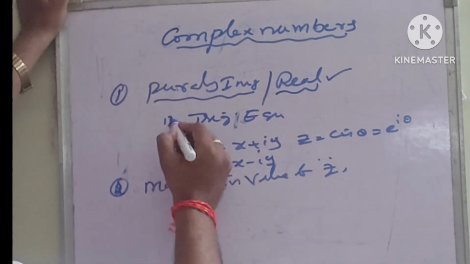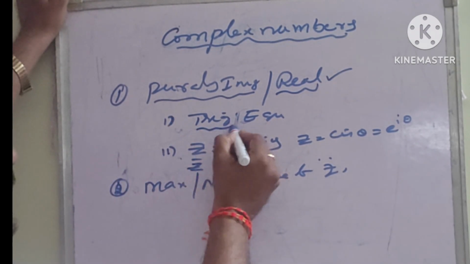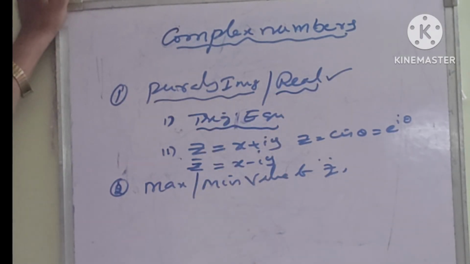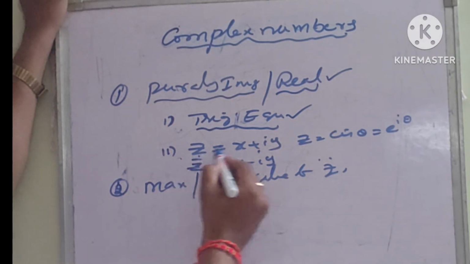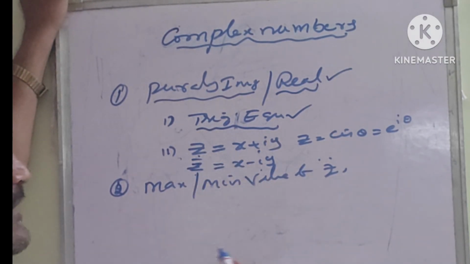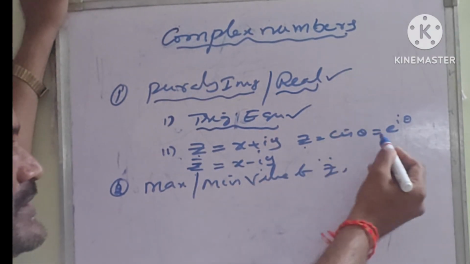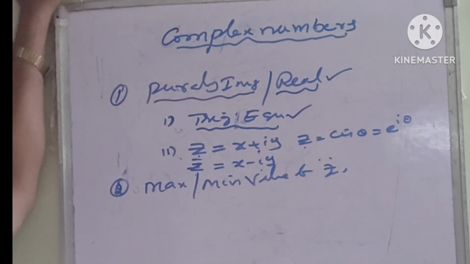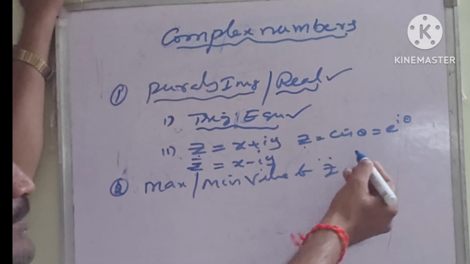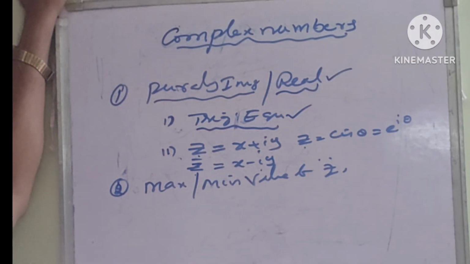Then the subtopic is the relation between trigonometric equations. One question, some more questions. z is equal to x plus i y, z bar is equal to x minus i y, z is equal to cis theta, e power i theta. So this relates the real part and imaginary part being 0 or something. This is the second part.